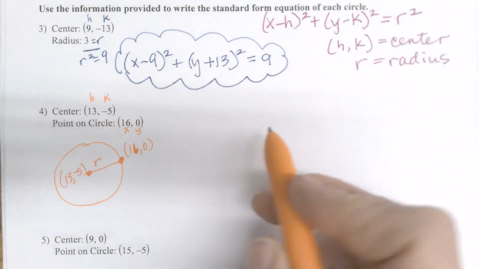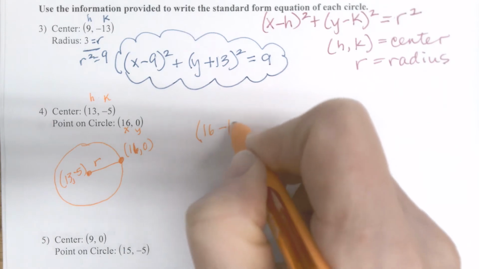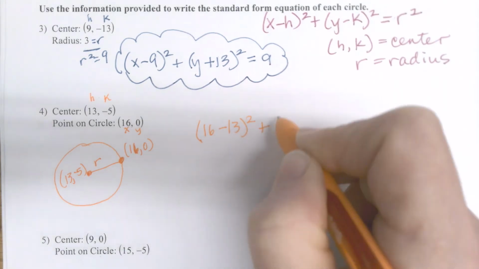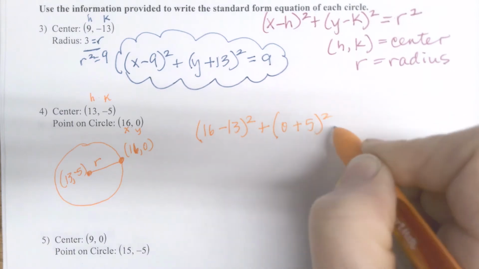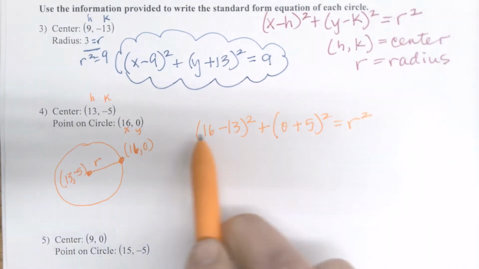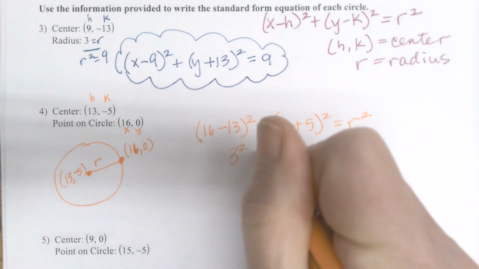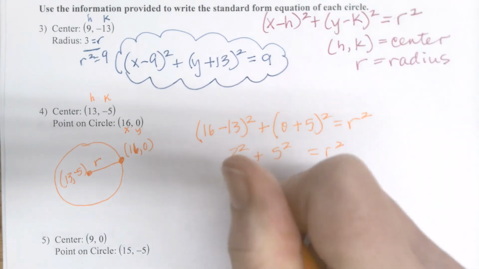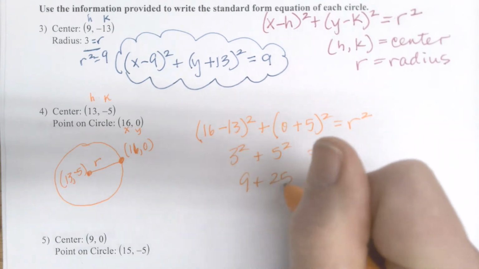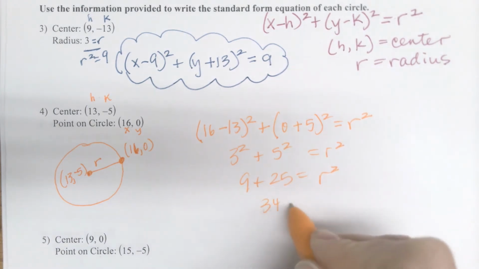So I would do x minus h quantity squared plus y minus k quantity squared equals r squared. So I've got it to a point where I have only one variable. I'll get 3 squared plus 5 squared equals r squared. So 9 plus 25 is r squared. So my final is 34 is r squared.